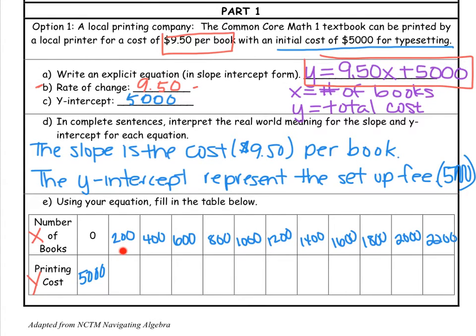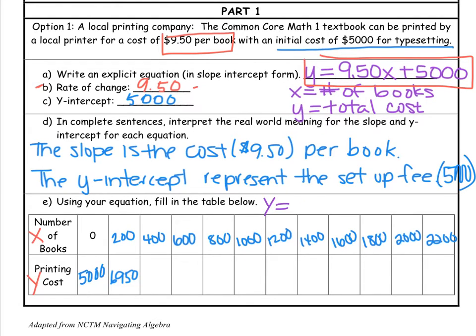So if we plug this in for x, if we do 9.50 times 200 plus 5,000, we are going to get a total cost of $6,900. We'll do the same thing for 400. If we plug in 400 for x in this equation right here, and I'm going to write it right here.